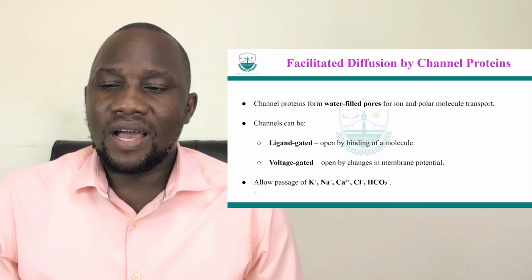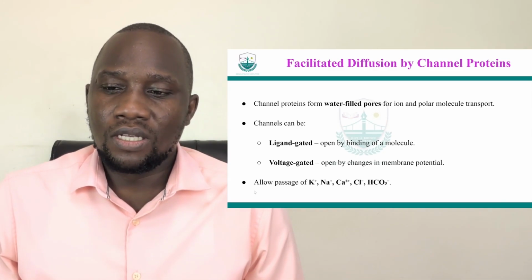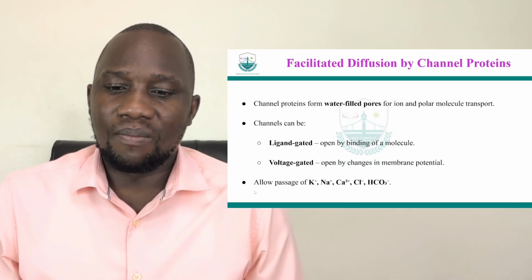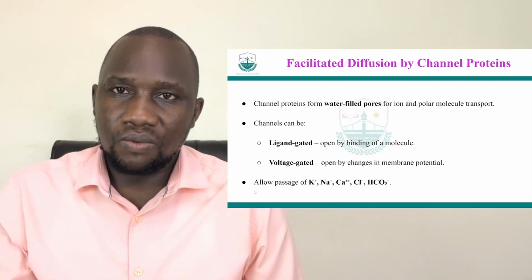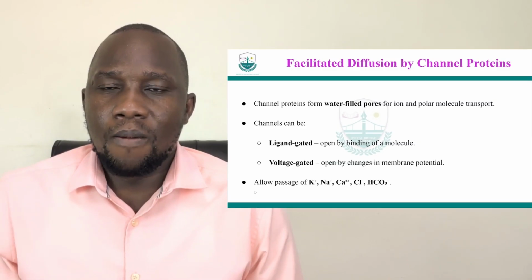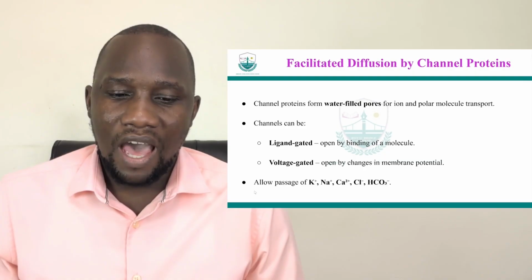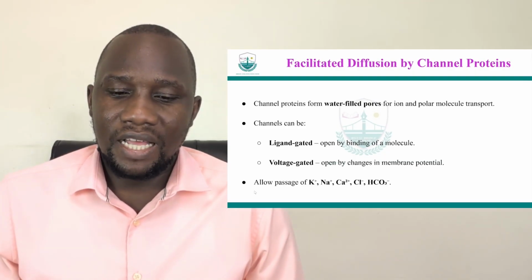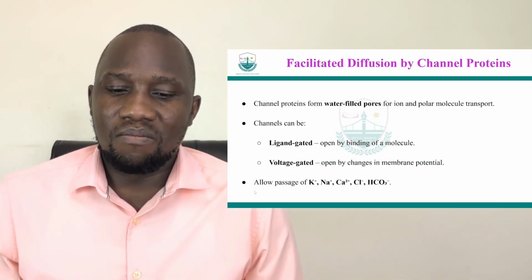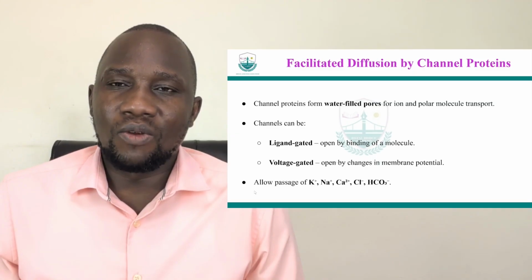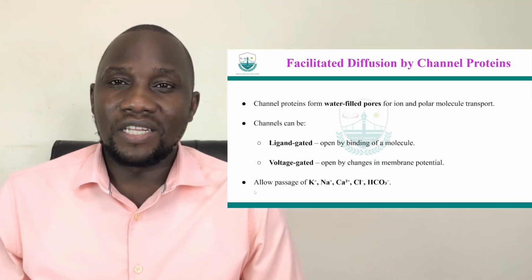Okay, when we talk about channel proteins, we are talking about holes through which these materials can basically pass. These channels can be ligand gated, which means they open when a particular molecule binds to them.